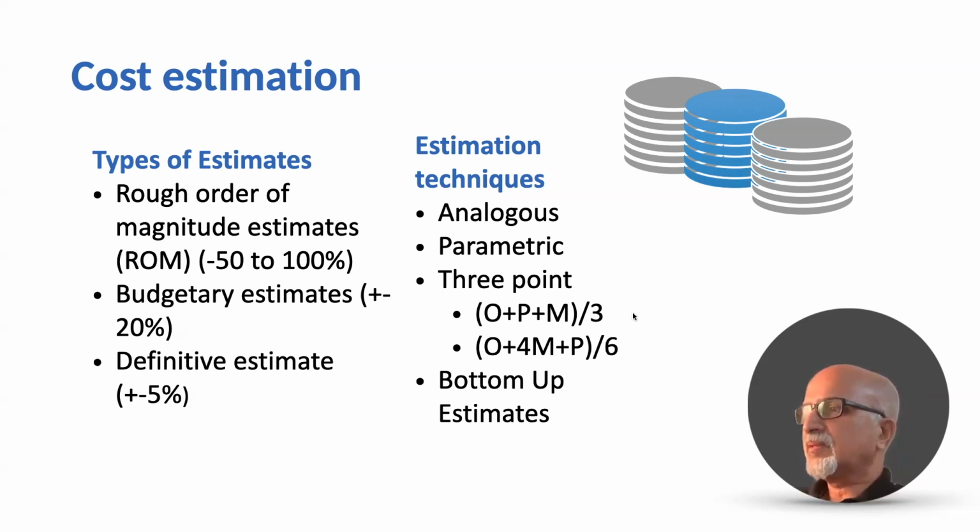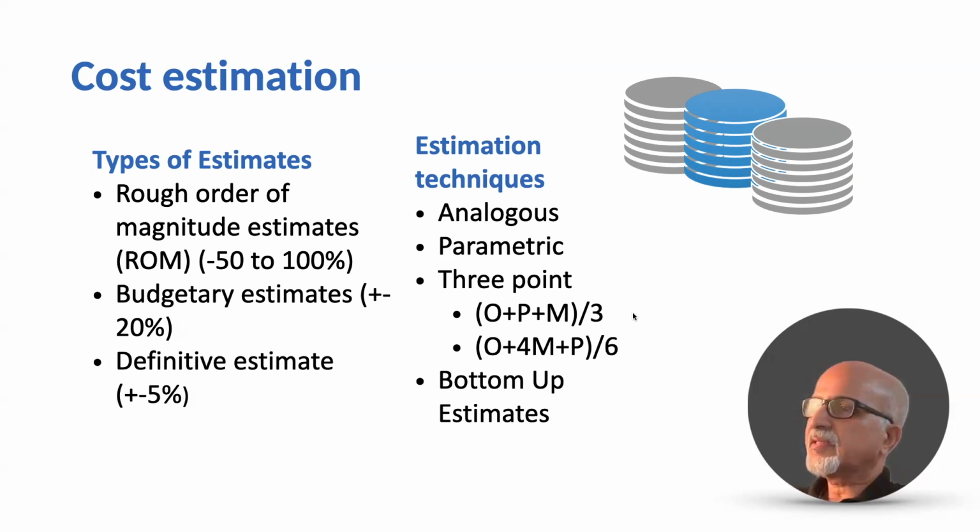For example, for traveling from point A to point B, maybe the optimistic estimate can be 1 hour, pessimistic estimate can be 2 hours, and the most likely can be 1.5 hours. Then we add up all these three and then divide it by 3. That is one form of 3-point estimate.